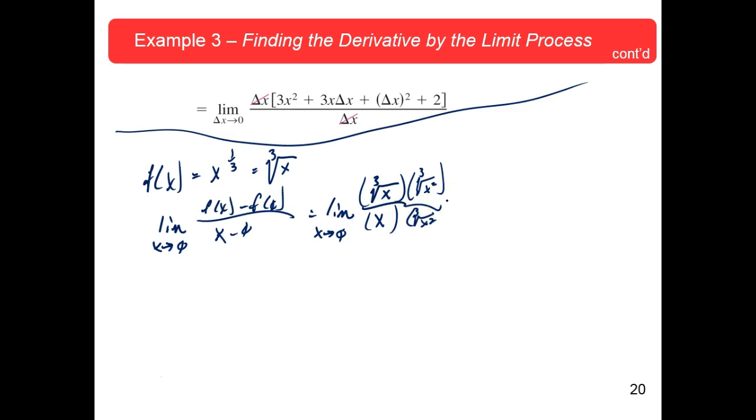Maybe you would have seen it just as well if I'd said multiply by x to the 1/3 times x to the 2/3. Would you have seen that as easily without the radicals? I'll go back and do it the other way too. What does this give you as the numerator? x. So x over x times the cube root of x squared.